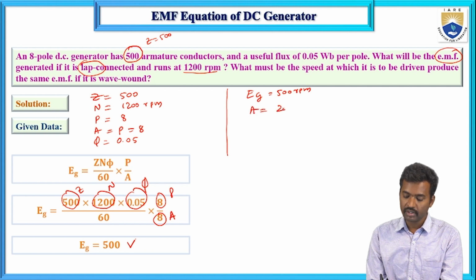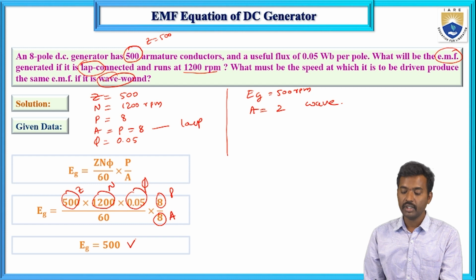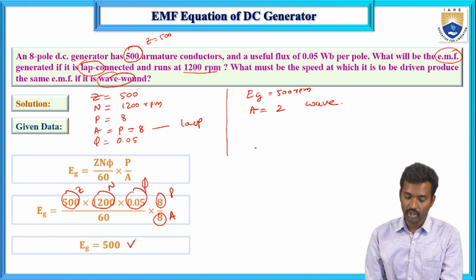A equals 2 is for wave wound, and A equals P is for lap wound. And the remaining parameters, what will be the N value? Don't substitute N here. We need to calculate this N value, the speed of the armature.